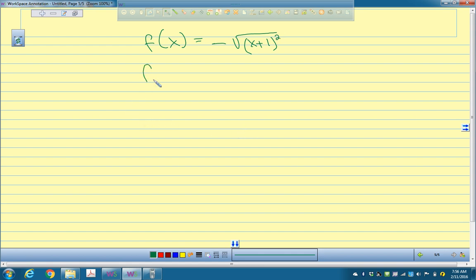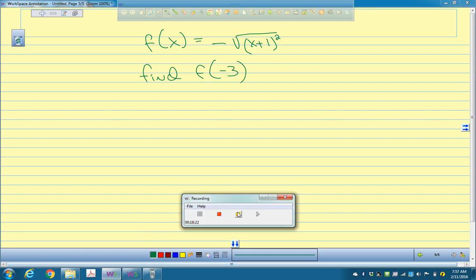Find f of negative 3. Ooh, that's kind of a tricky one. Go ahead, try that. Pay attention to how you do it.